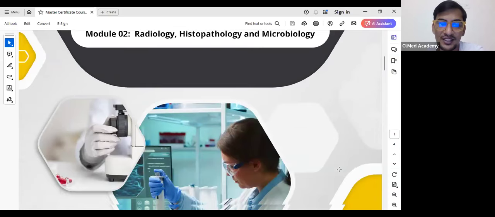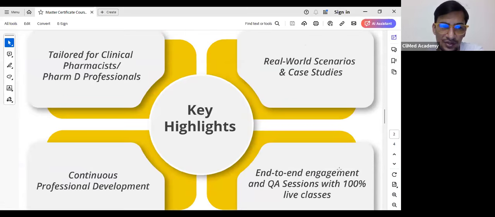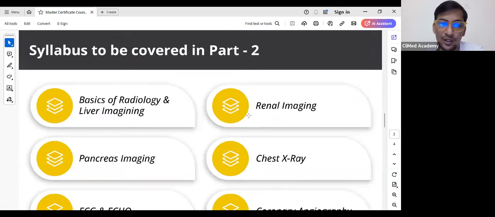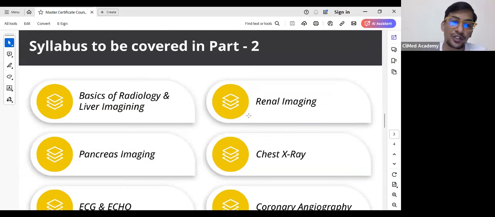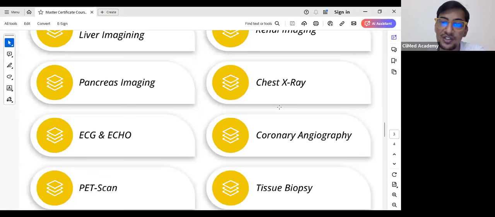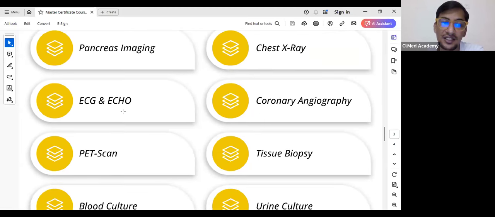In this module we are covering a lot of things, including real-time case scenarios. In this module we are going to cover the basics of radiology and liver imaging: liver, pancreas, and kidney imaging, how to read the chest x-ray, how to see the CT and MRI images, and ECG and echo.